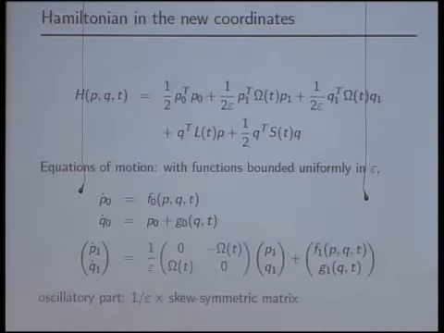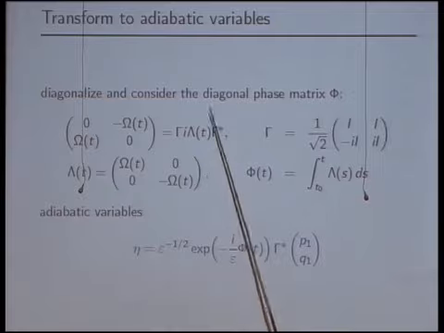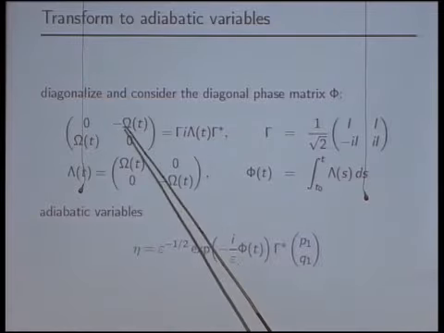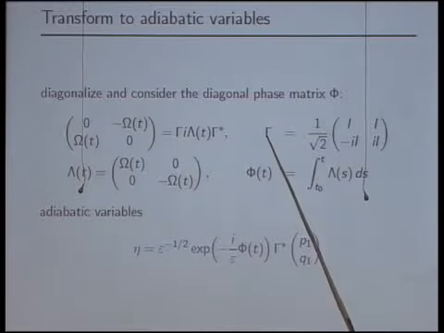If you recall this Schrödinger example, there we had a skew-Hermitian matrix divided by epsilon. And so what we do is we diagonalize and then integrate, transform to adiabatic variables, and then integrate this. So I needn't look at all these formulas. We diagonalize the matrix which appears here. This can be done by this constant matrix gamma.